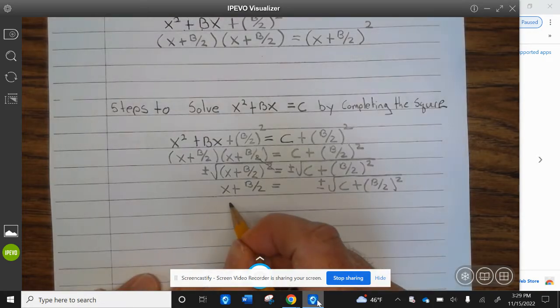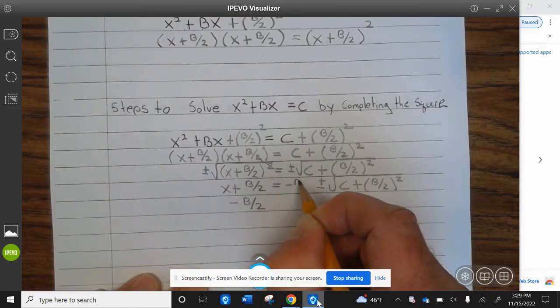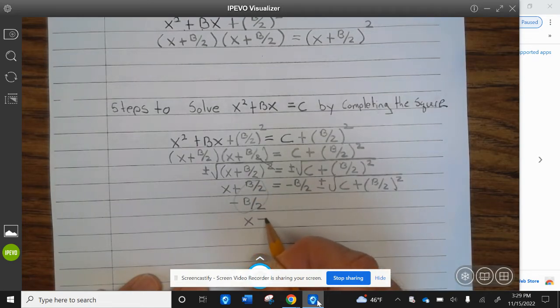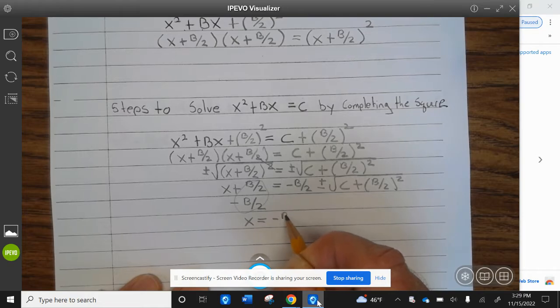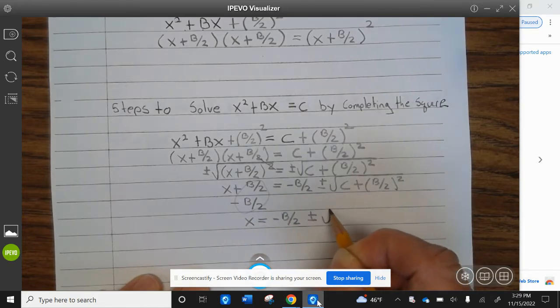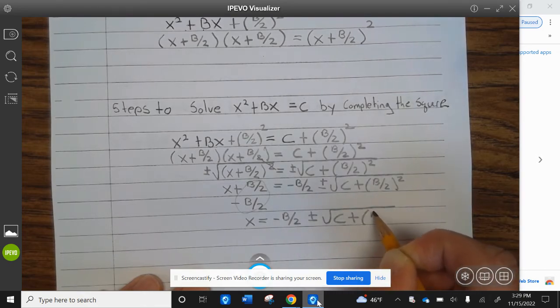Now, our last step is we're going to subtract b divided by 2 from both sides. This becomes 0. You get x equals negative b divided by 2 plus or minus the square root of c plus b divided by 2 squared.